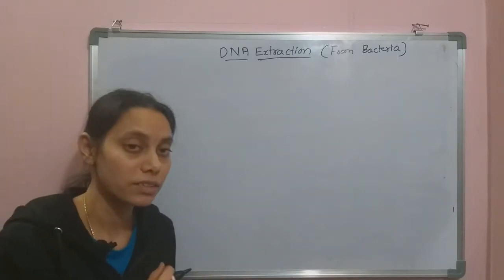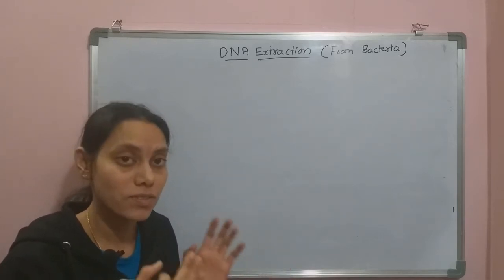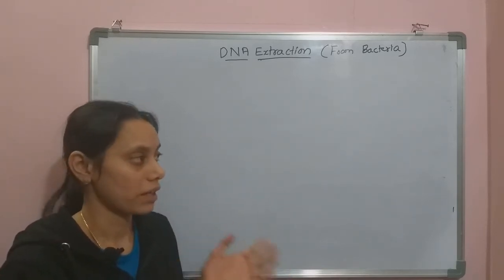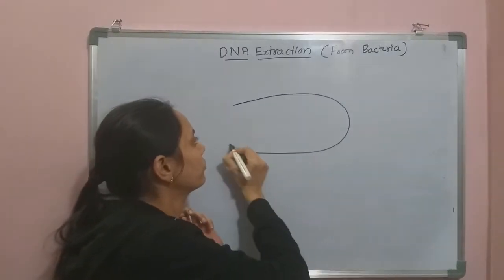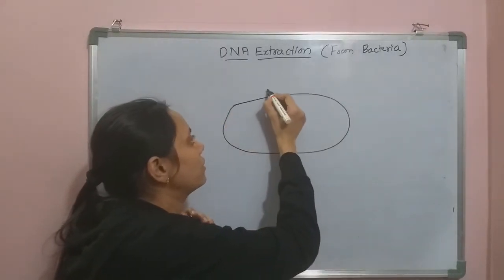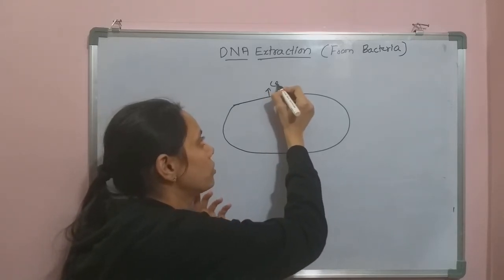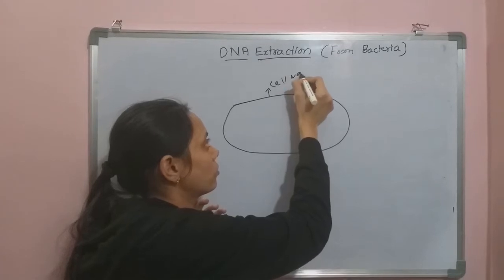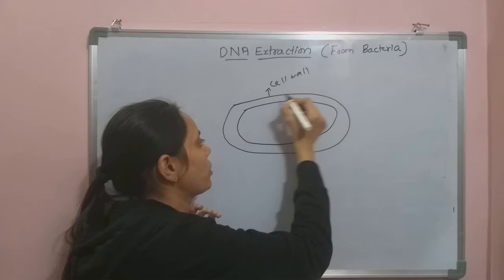So first let us discuss how the bacteria looks, that means the structural aspects of the bacteria. Bacteria have a thick cell wall. Generally many bacteria have a cell wall. Beneath that there will be a cell membrane.